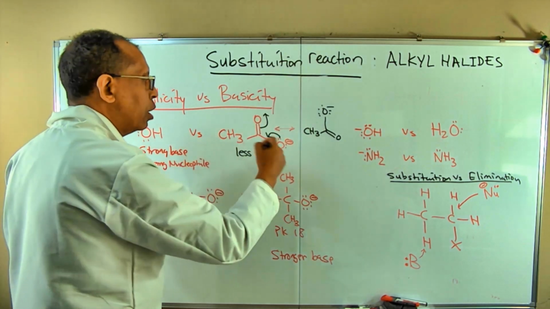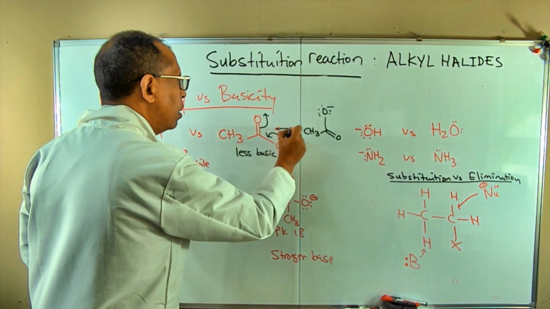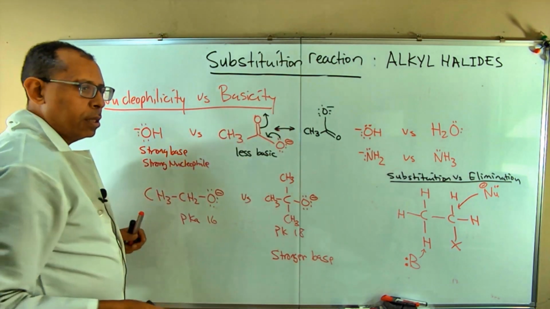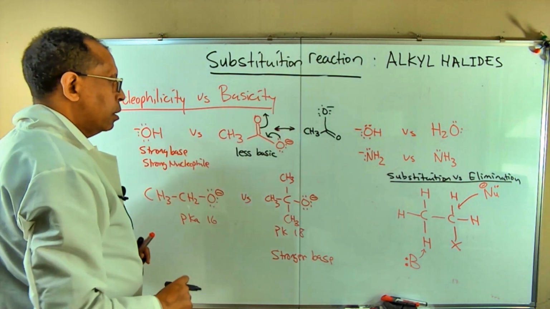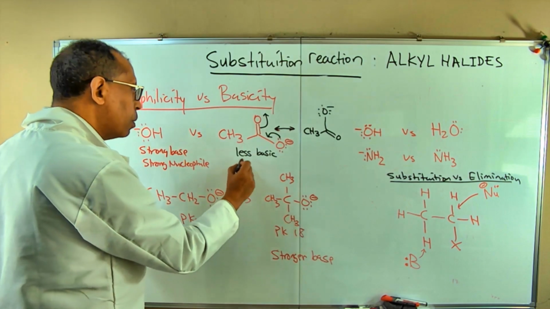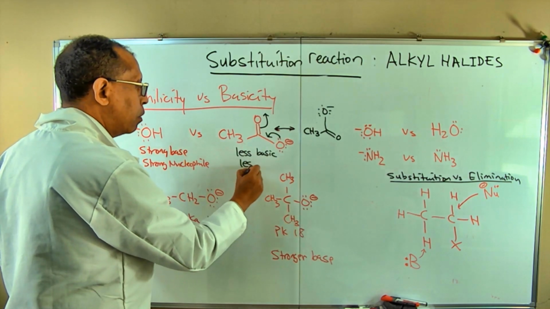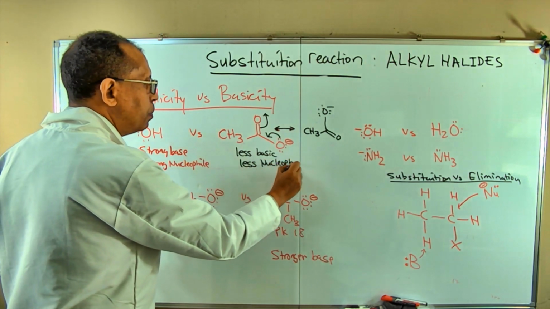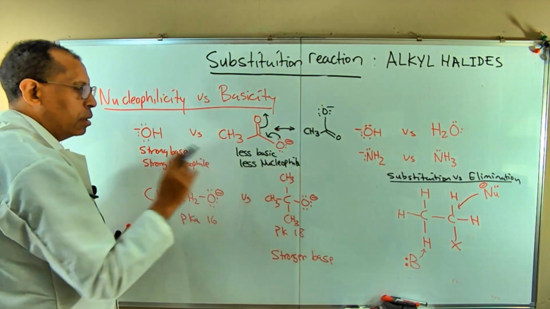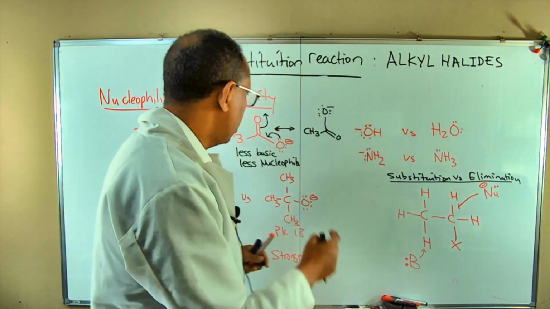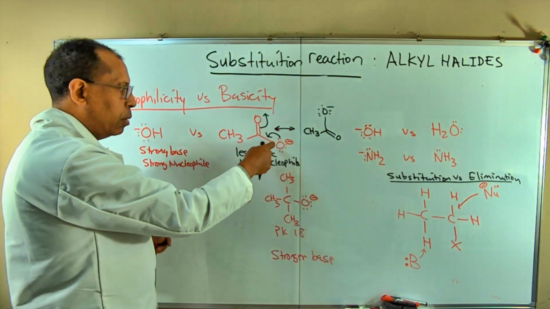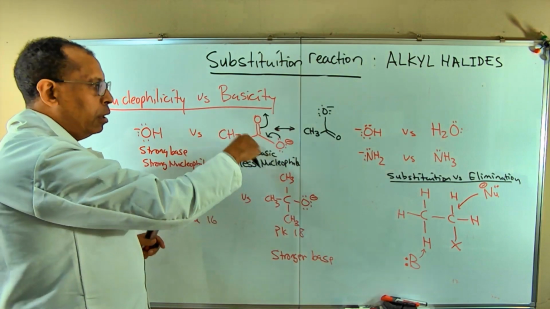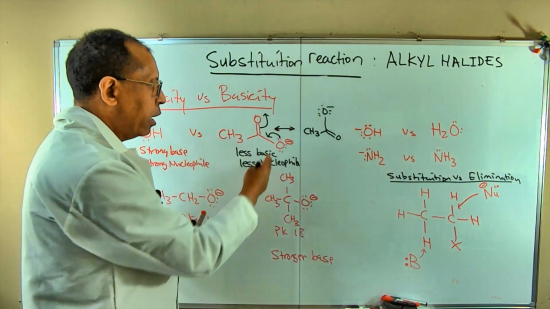They don't have a potential to do other reactions. Rather, they could be delocalized over the same system. So less basic, less nucleophilic. Because the oxygen actually holds back the electrons to itself because it has another way of delocalizing these electrons by resonance.